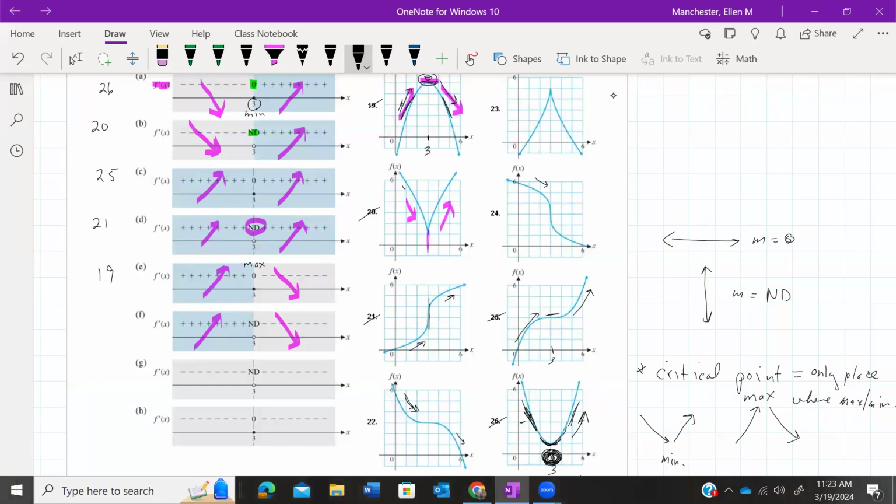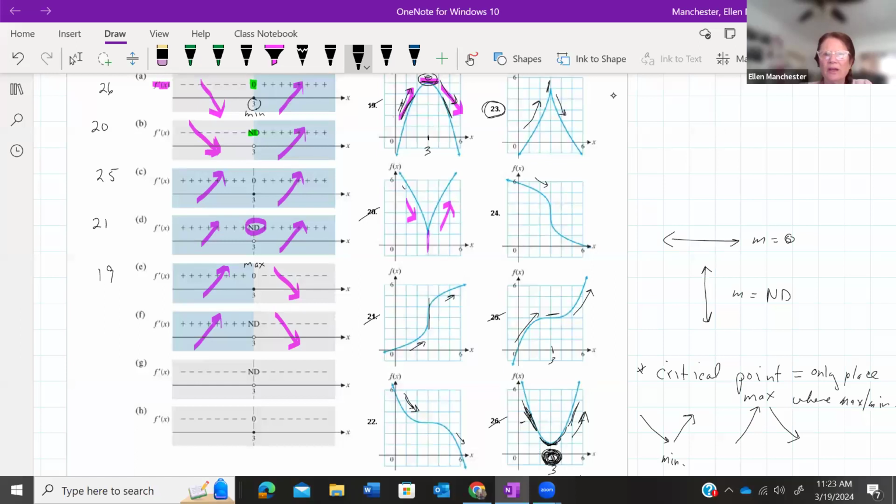Oh, I was looking at a different one. Sorry. Were you looking at this one? I was lost. I was just looking at the graphs. I was looking to the left. Gotcha. Yeah, so okay, which one do you think it is? We're going up, we hit a vertical, and then we go down. Is it 23? Yeah, it'd be 23. So it's up, I hit a vertical, and then it goes down. Good.